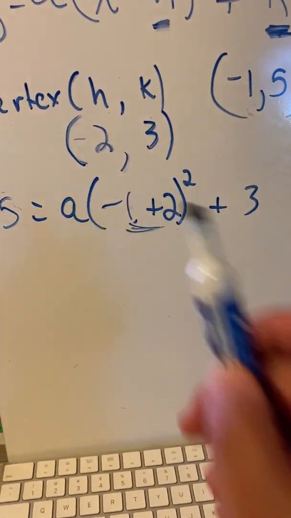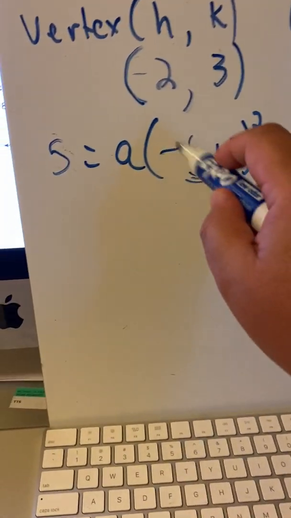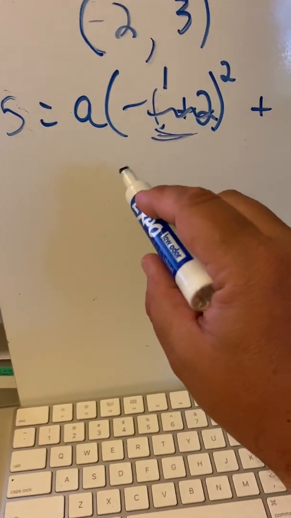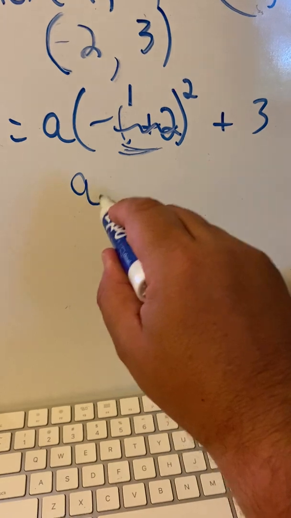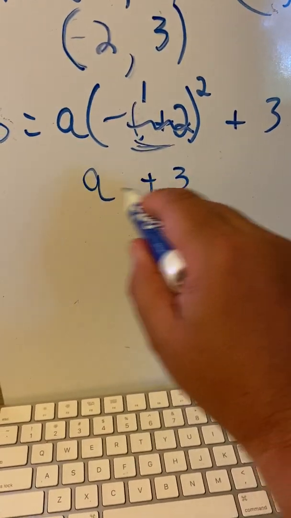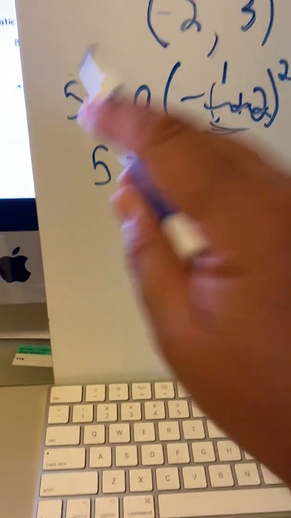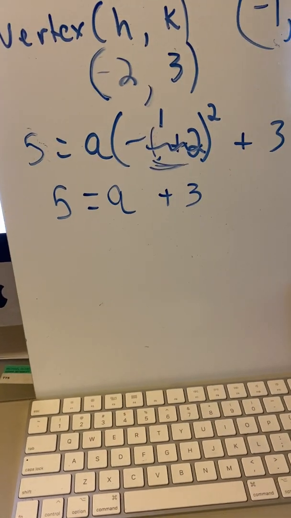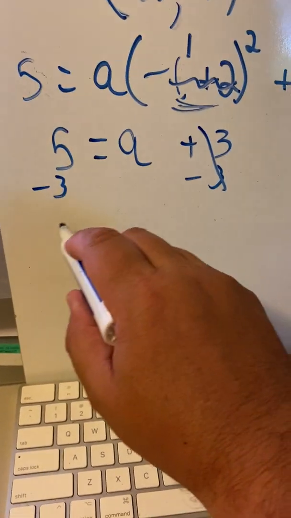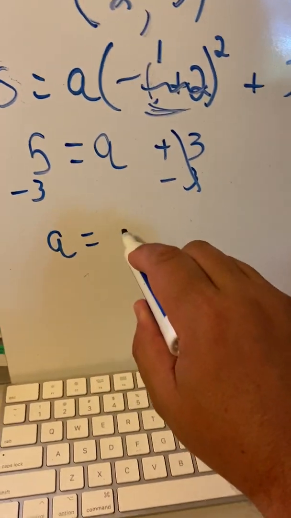What's negative 1 plus 2? It's just 1. And what is 1 squared? It is 1. So a times 1 is just a, plus 3 is equal to 5. Isn't this simple? Subtract the 3, and you get a is equal to 2.